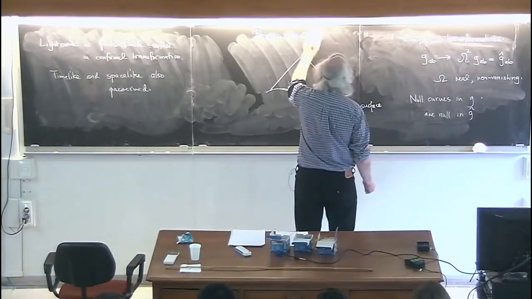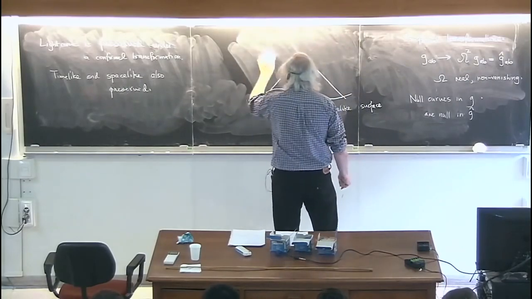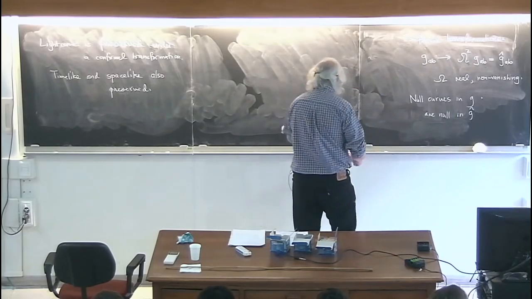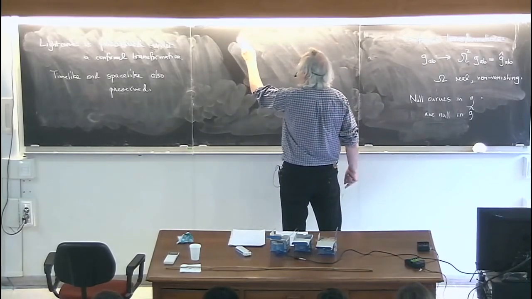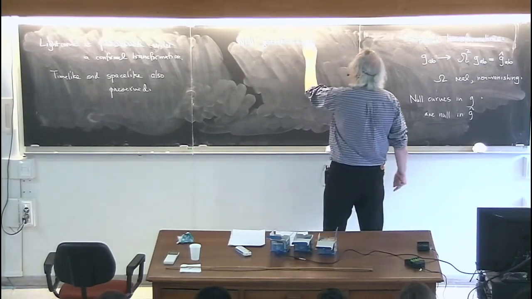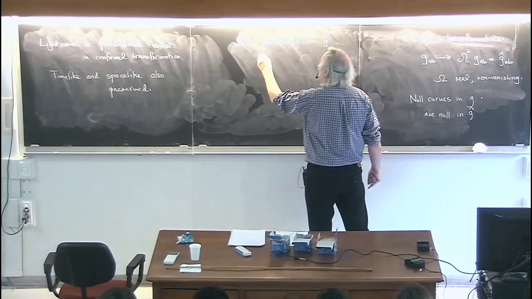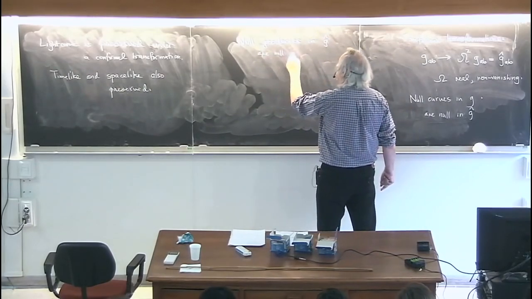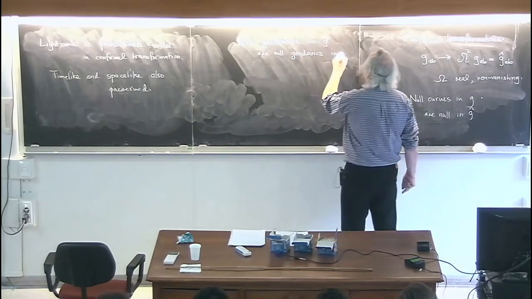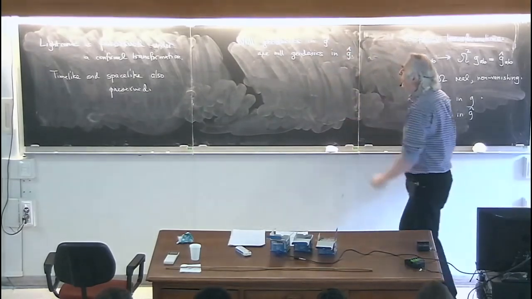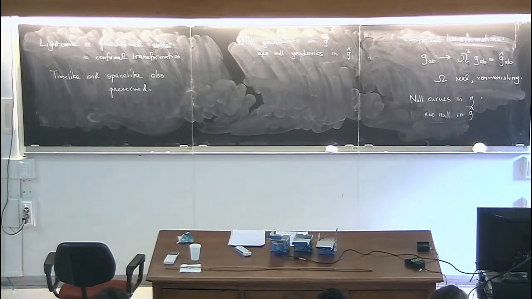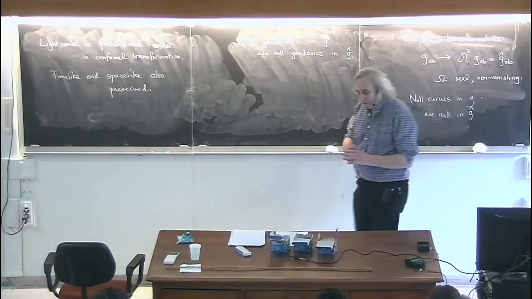So a geodesic in g hat that is null remains a geodesic in g. I guess it should be the other way around. So that's a nice property of geodesics. I guess you've probably done that particular problem at some point in the past.